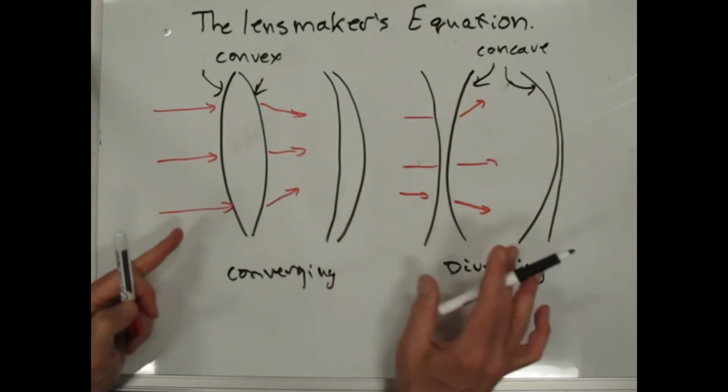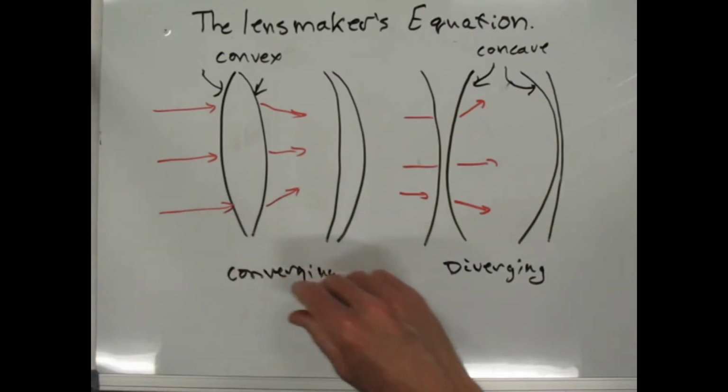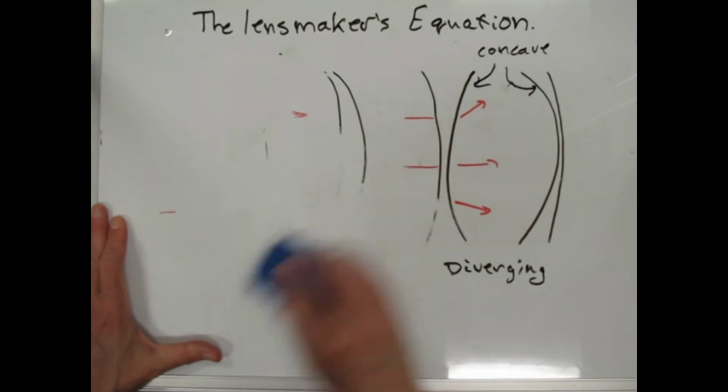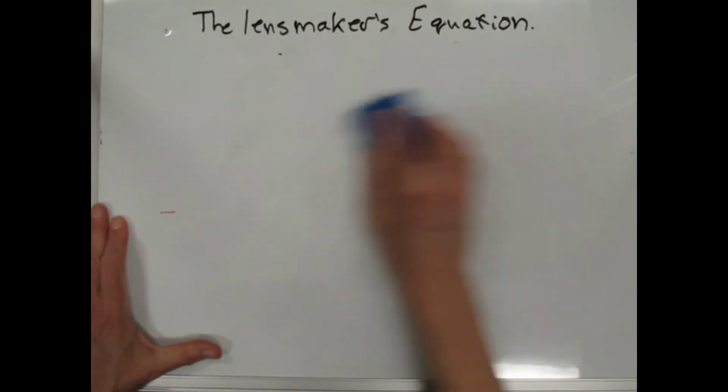And so we're going to pick a lens, and then we're going to show how the Lensmaker's equation works. So let me just draw a lens here. I'll erase this stuff. I'll start out with a double convex lens, like I had on the left right there.